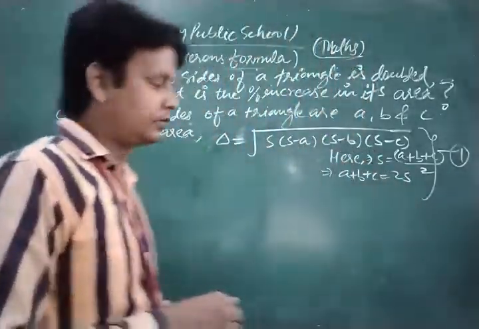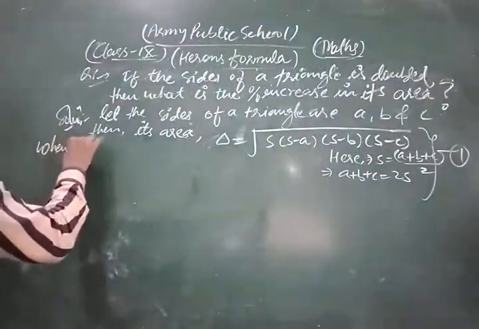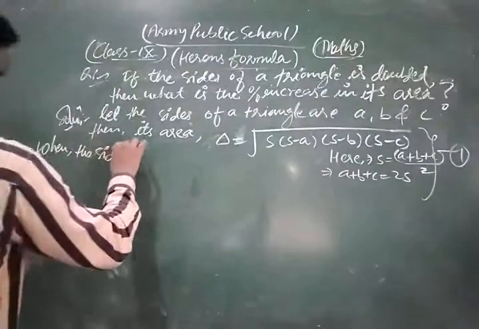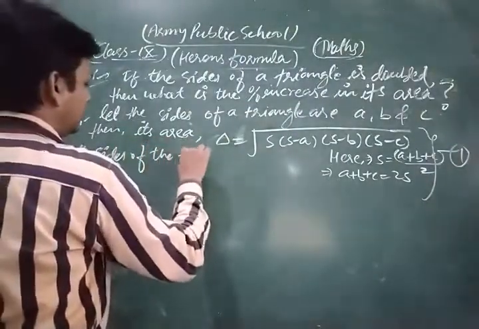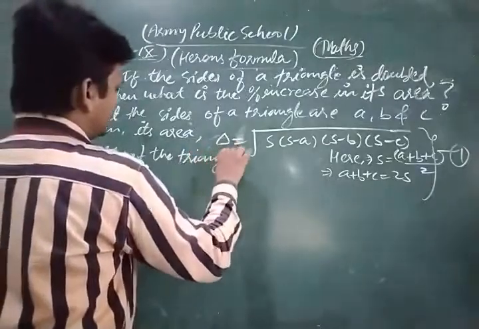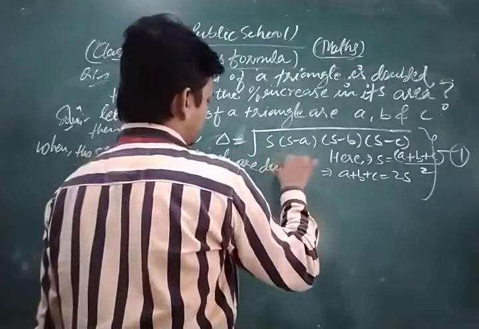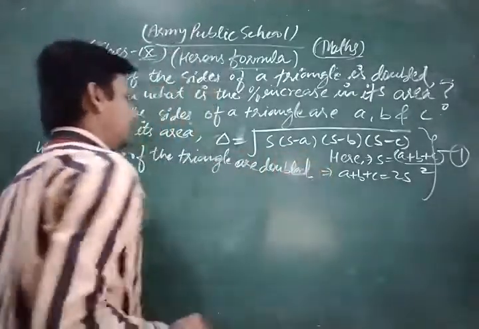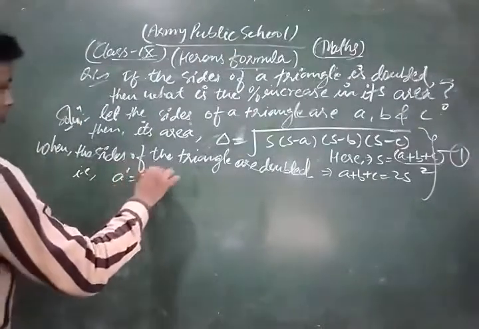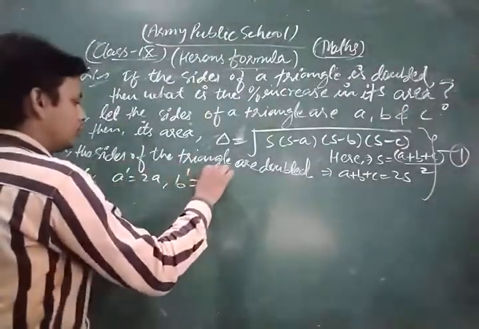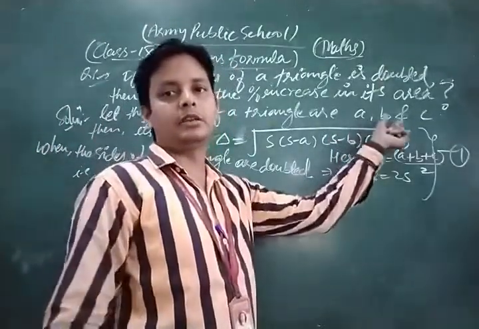Okay, now according to the question, when each of its sides is doubled, what happens? Let's see. When the sides of the triangle are doubled, that is A dash is equal to 2A, B dash is equal to 2B, because initially we take its sides as A, B and C respectively.